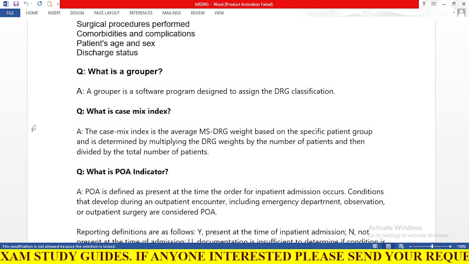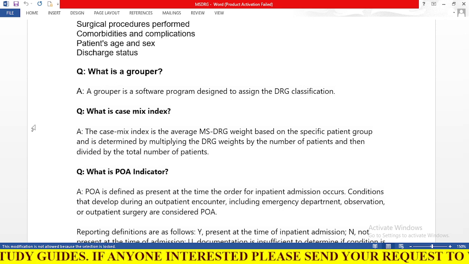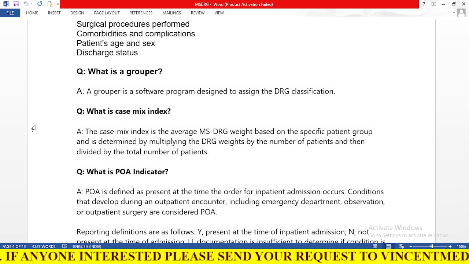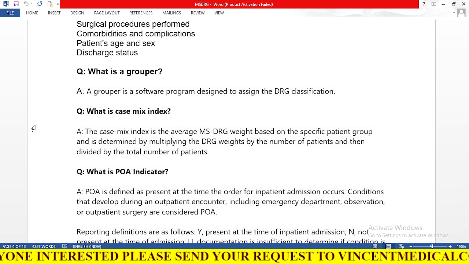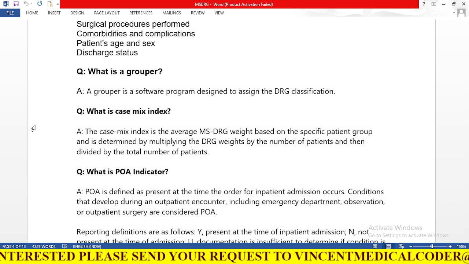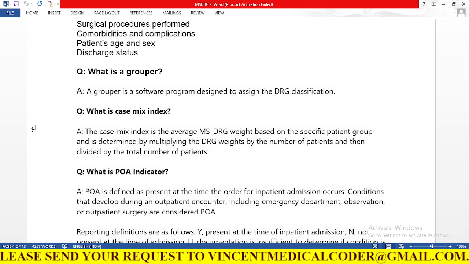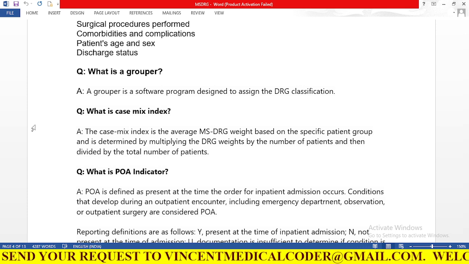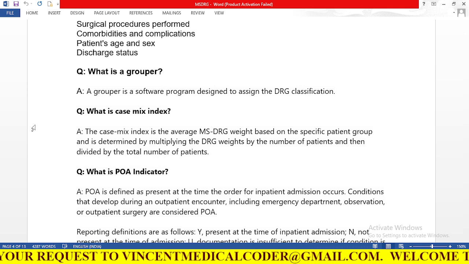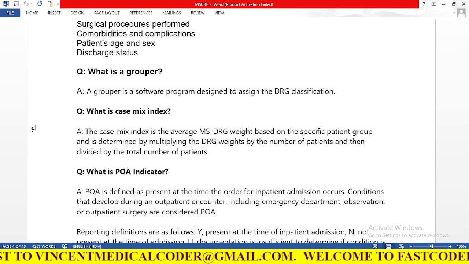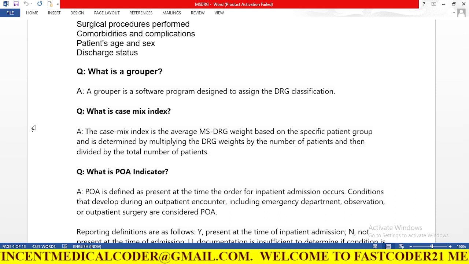Next one, what is case mix index? So the case mix index is the average MS-DRG weight based on the specific patient group and is determined by multiplying the DRG weights by the number of patients and then dividing by the number of patients. So basically it is the average of the MS-DRG weight for the specific patient group.